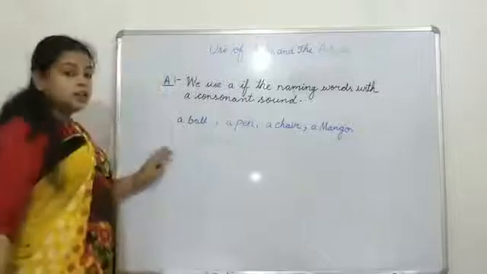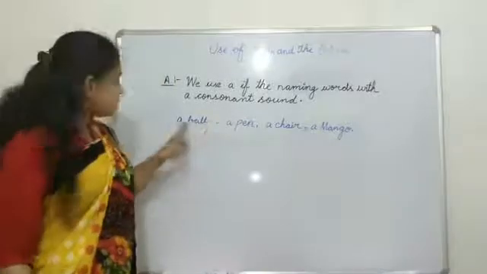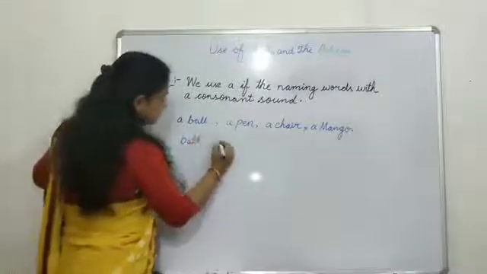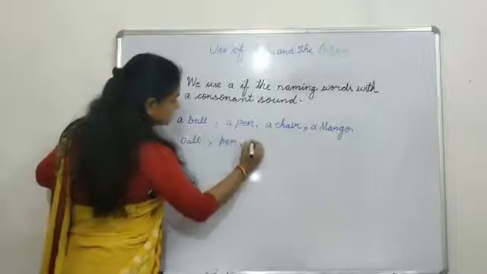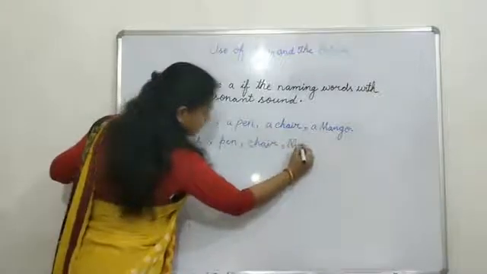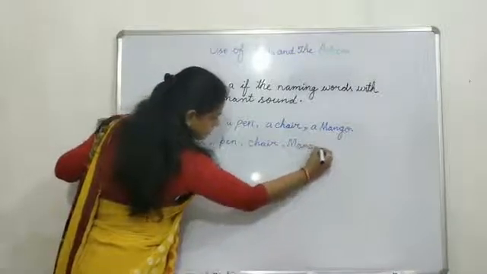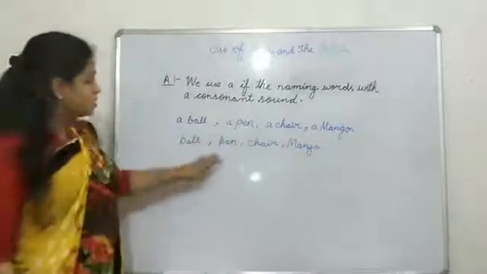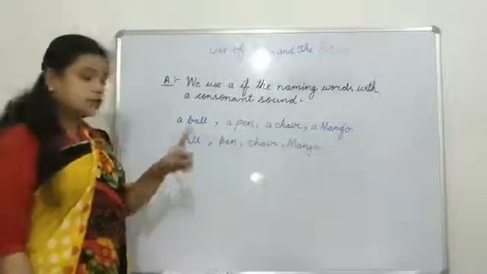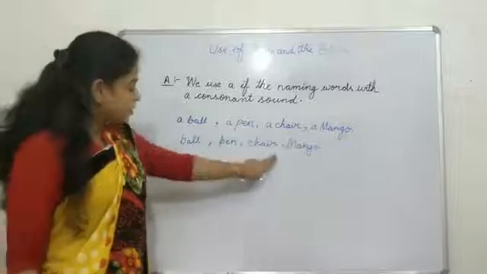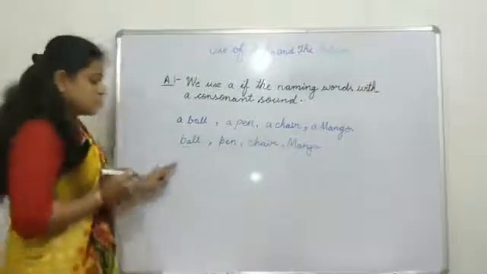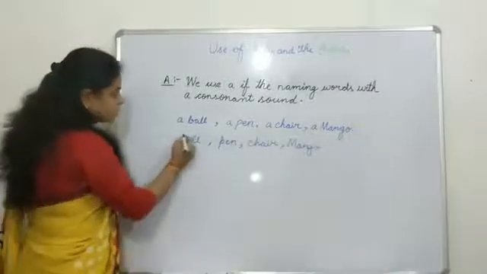Okay, dear children, the words ball, pen, chair, mango are all names of things, and they all begin with a consonant sound.